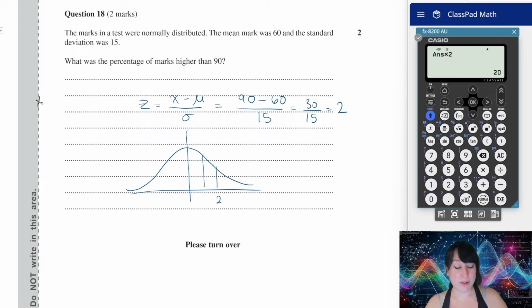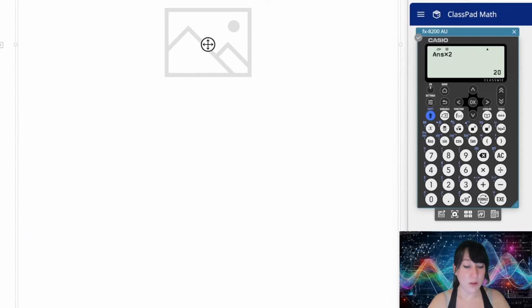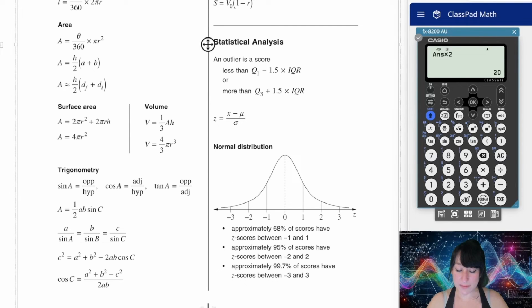And it's asking what percentage are higher. So if we look at our reference sheet, we can see that approximately 95% of scores are between -2 and +2, which would be all of this here.